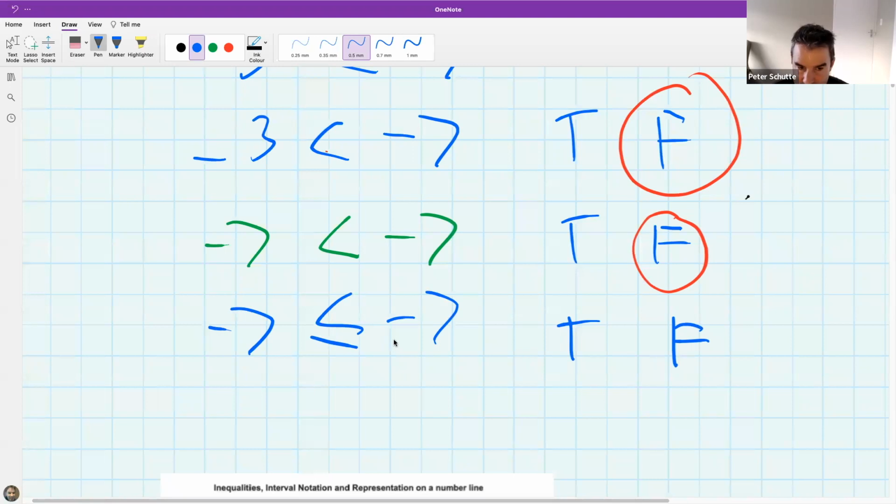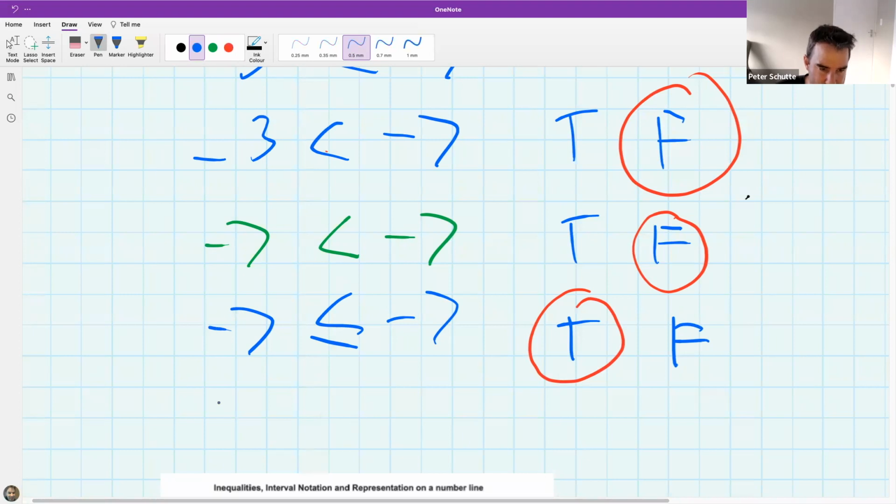Is -7 less than -7? No. Or is -7 equal to -7? Yes, it is. So this one would actually be true. Because of that less than or equal to, it's possible that -7 is equal to -7. Okay, so that's something you need to keep an eye out for, because it can catch you out here.